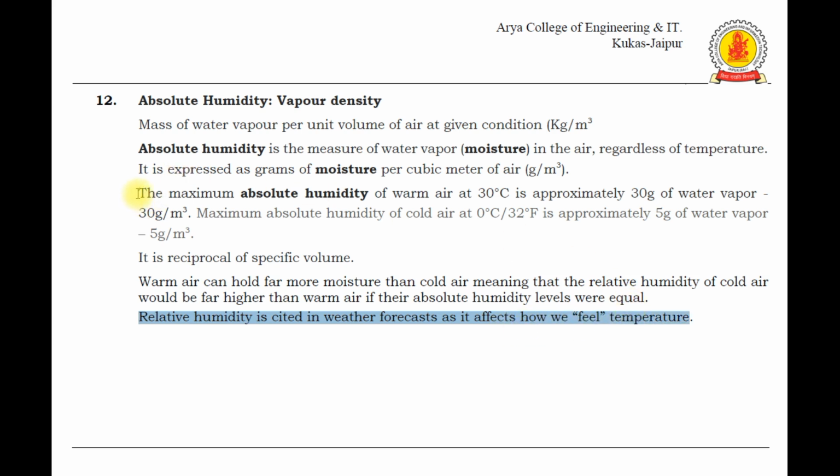For example, the maximum absolute humidity of air at 30 degrees centigrade is 30 grams of water vapor, and air at 0 degree centigrade will have only 5 grams of water vapor. That is why we feel our skin is dry in cold weather.